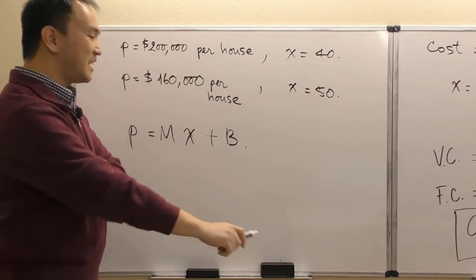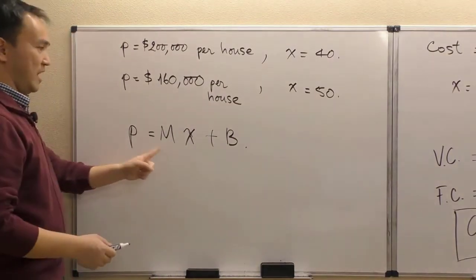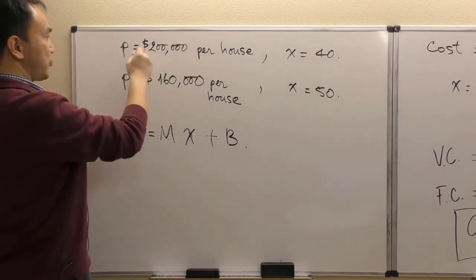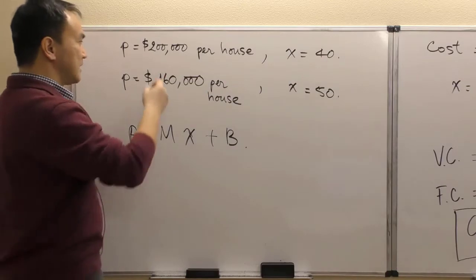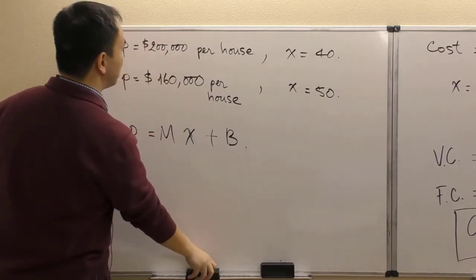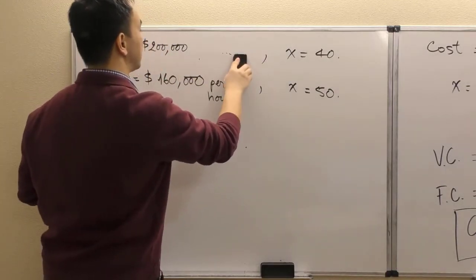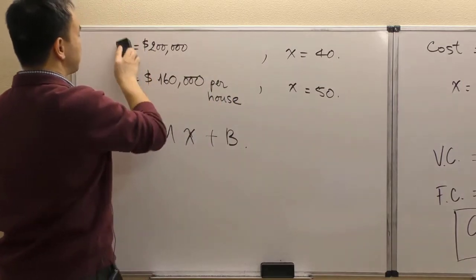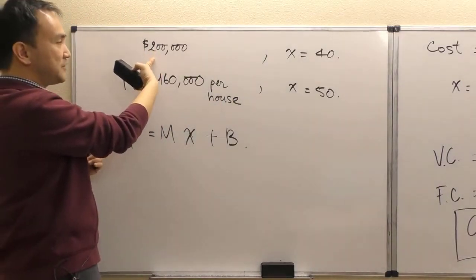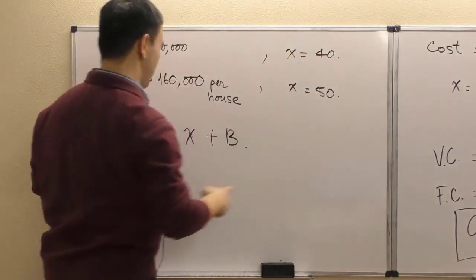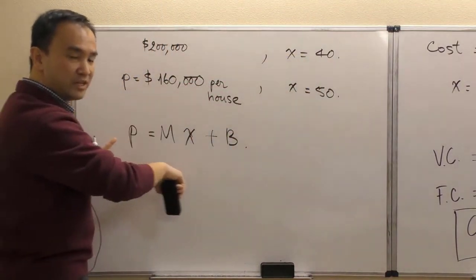How do we find the slope? We can look back at these two lines of information. This is the output value because that's the dependent variable, and that's the input value according to the relationship we're about to use.